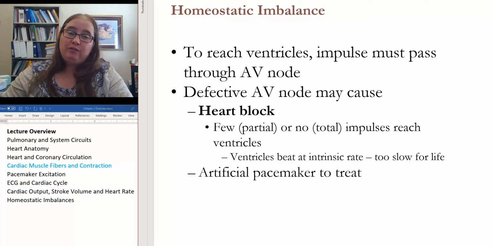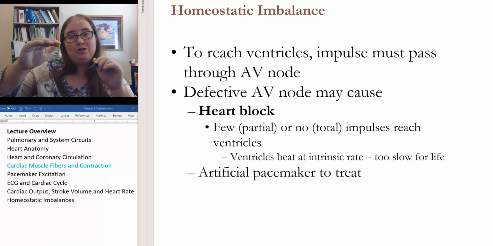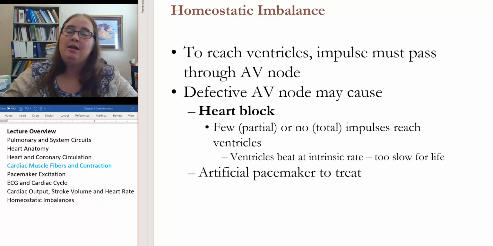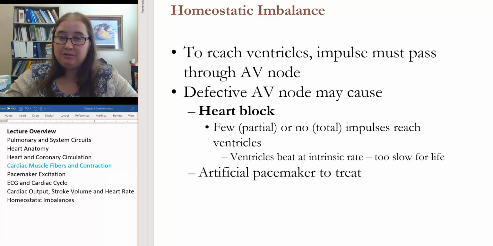Now, in order for that signal to reach the ventricles, that impulse has to pass through the AV node. Remember, it goes SA node, AV node, bundle of His. Well, what happens if you don't have an AV node, or you have a defective AV node, or your AV node fails? Can we get a signal to the ventricles?